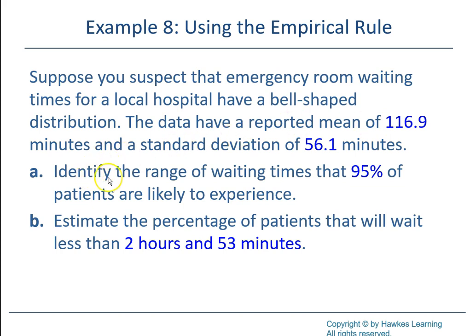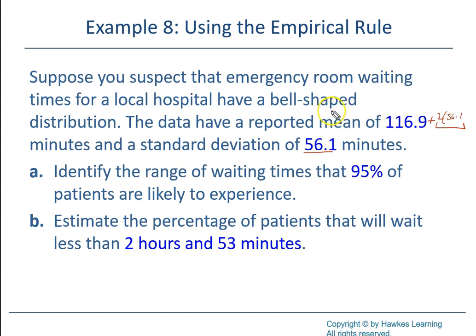Now, they want to identify the range of waiting times that 95% of the patients are likely to experience. Well, this one's sort of easy because we're going to take 2 of these and add it on this side here, 2 times 56.1.